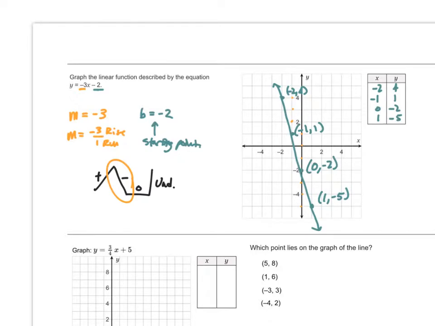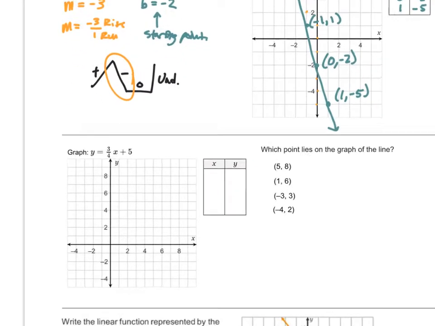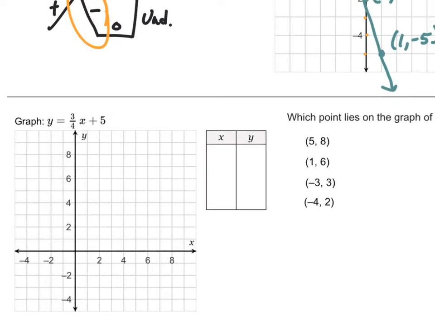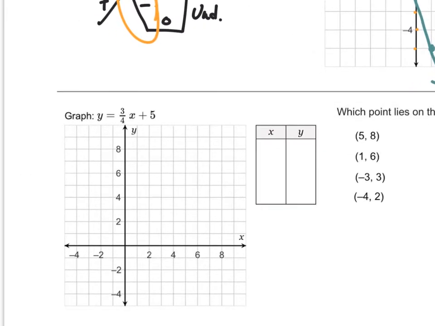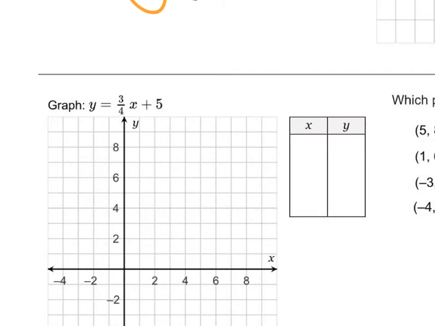And so, okay, let's take a look at the next one. All right, so it says, which point lies on the graph of the line? Well, let's go ahead and just graph this and then see what we get. First, I remember, let me draw. We have positive slope, negative slope, zero slope, undefined slope, okay?